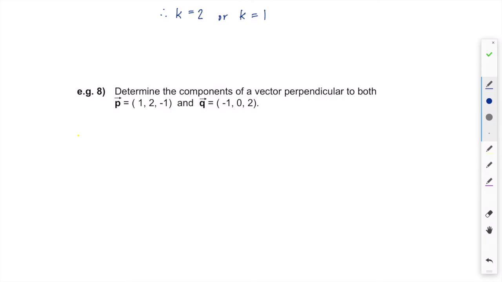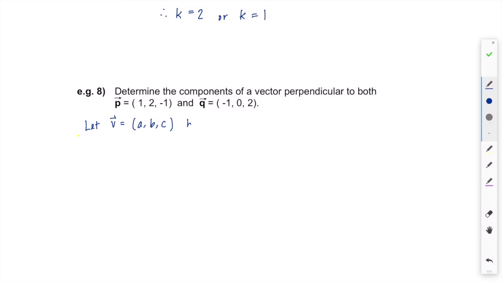We're just looking for k when we relate them together. In this question, we are actually dealing with a third vector that is perpendicular to both P and Q. So I'm going to just let V be the vector that I'm looking for, and V is A, B, and C, since I have no idea what the components are.